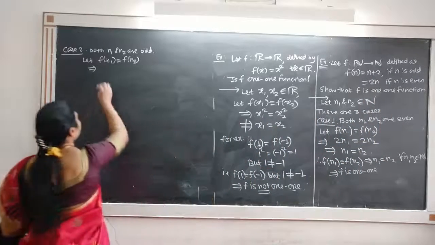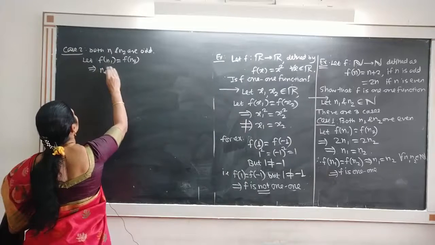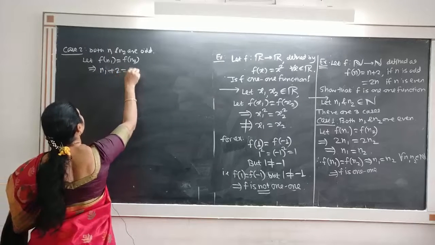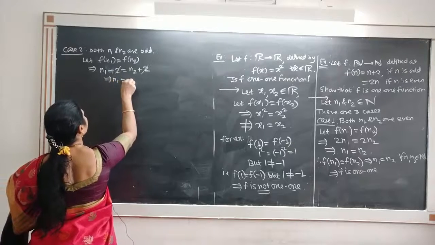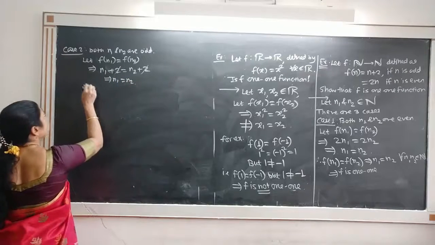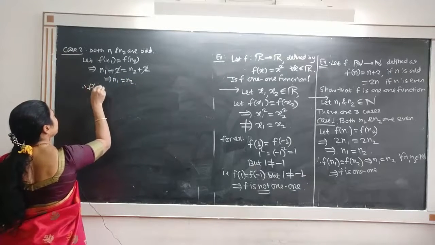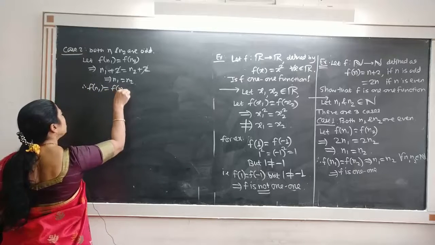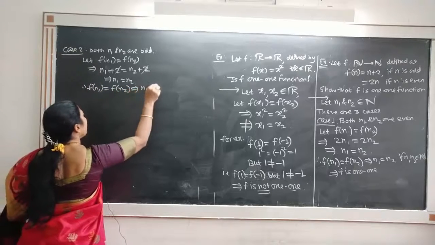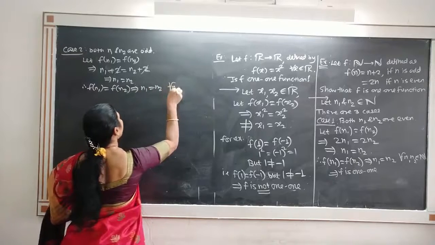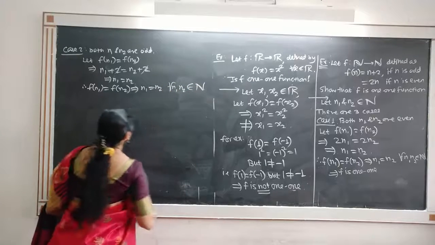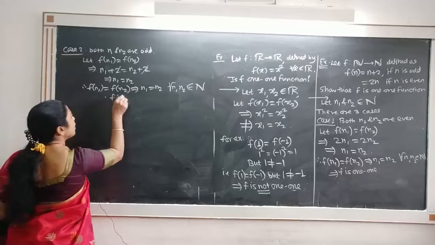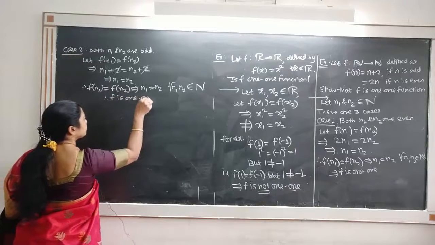So this becomes n1 + 2 = n2 + 2, that is again n1 = n2. So if both are odd, f(n1) = f(n2) also implies that n1 = n2 for all n1 and n2 belonging to the natural numbers. So in this case also f is 1-1.